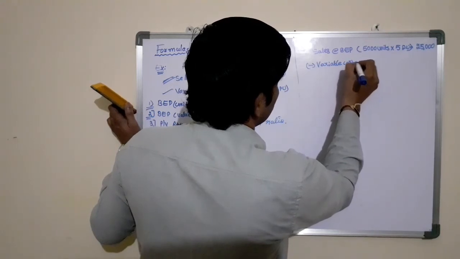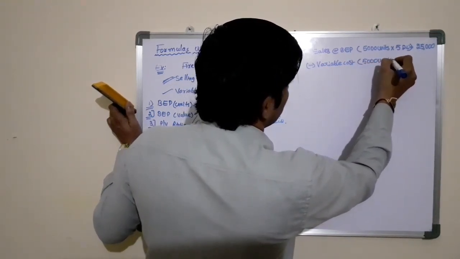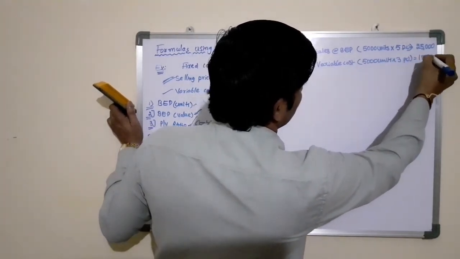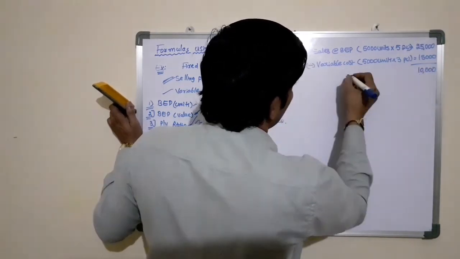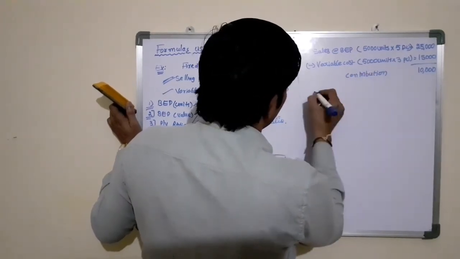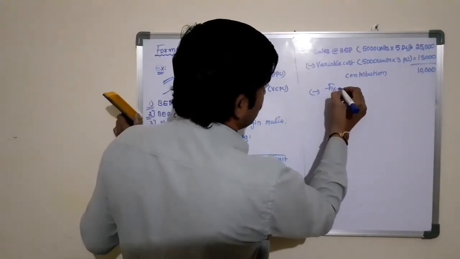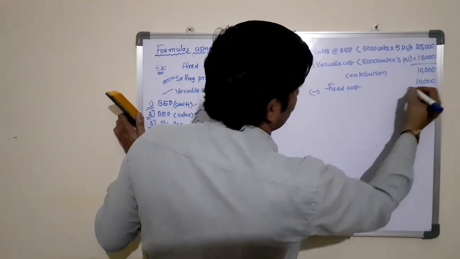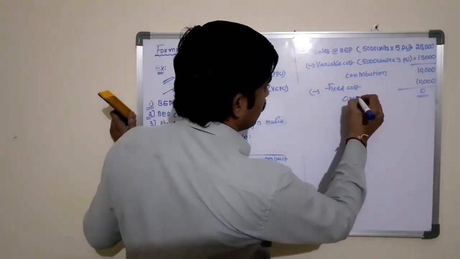Variable cost changes according to the level of production, right? 5,000 units into 3 rupees per unit equals 15,000. The difference between these two is 10,000, called contribution, minus the fixed cost, which as given is 10,000. Now there is nothing remaining.